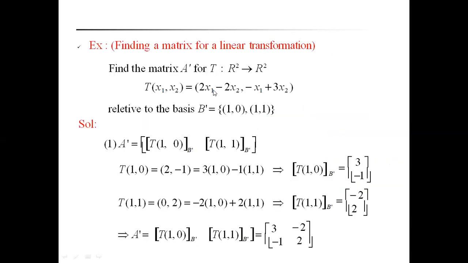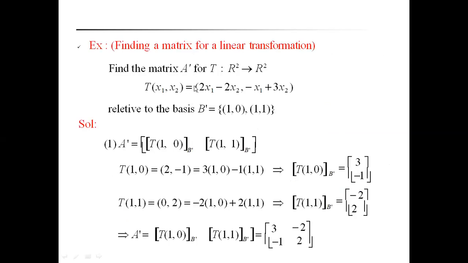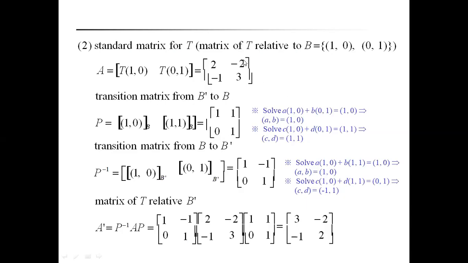T of (1, 0) means (2, minus 1), that is 2 into (1, 0) plus minus 1 into (0, 1). That's why (2, minus 1). Substituting (0, 1), we get minus 2 and 3. Therefore, that can be written as (minus 2, 3).